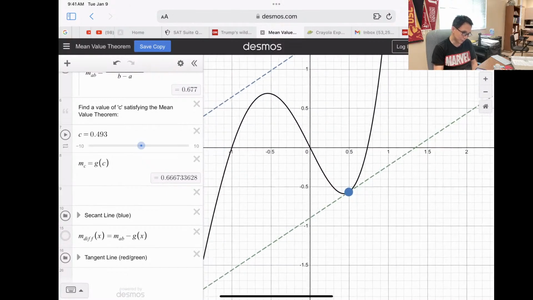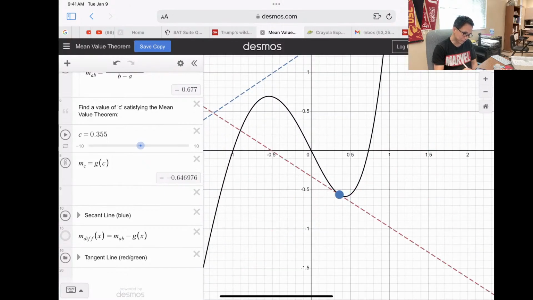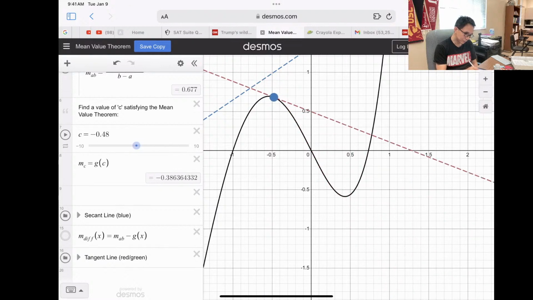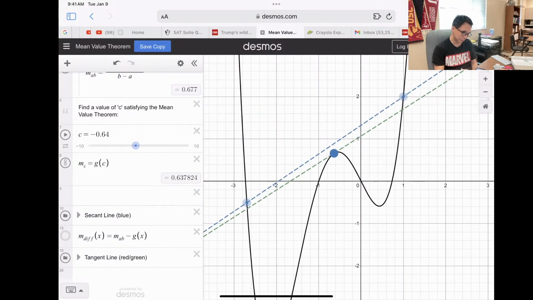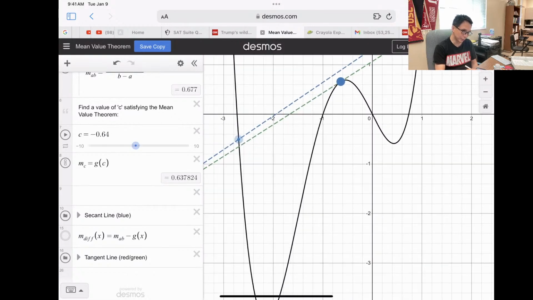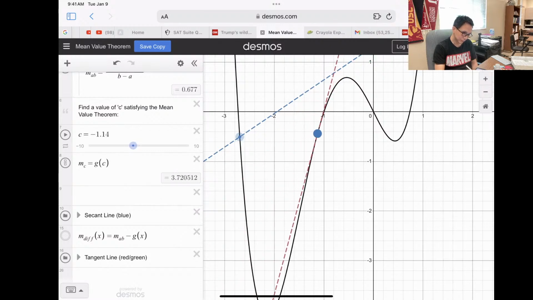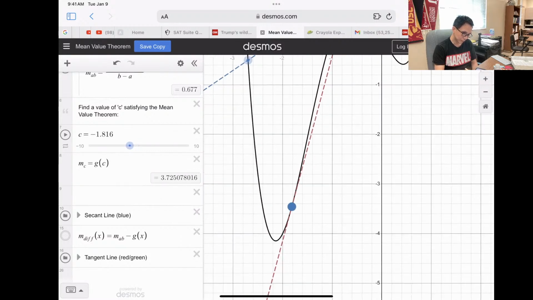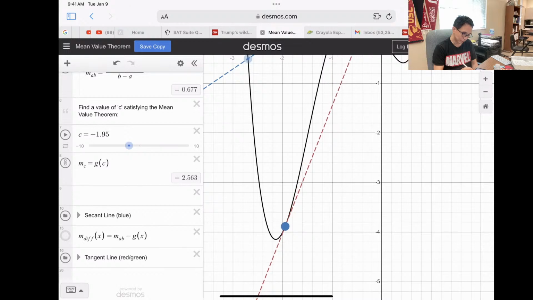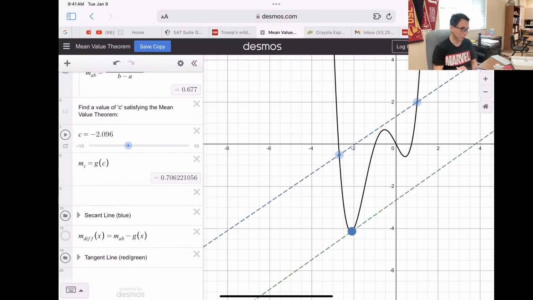Do you see that? So that's 1. That's 2. It turned to green. Three. So 1, 2, 3.